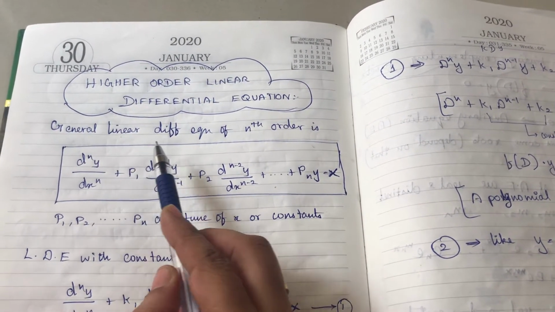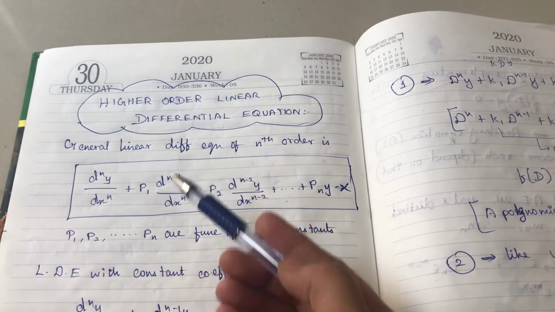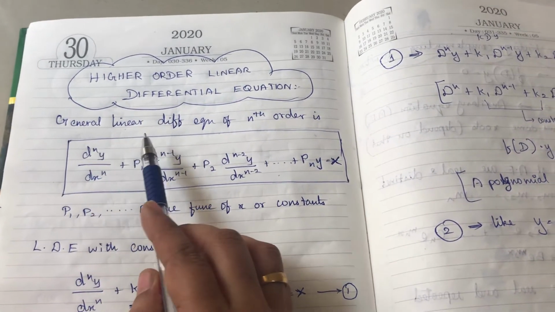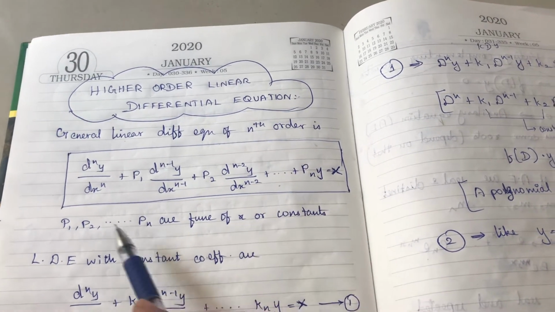General linear differential equation of nth order. This is a higher order, so the order will go on.